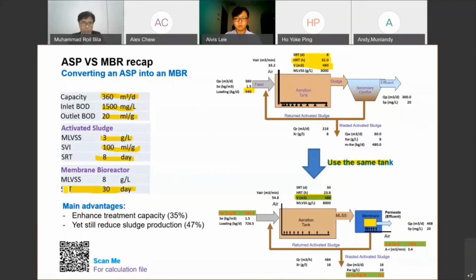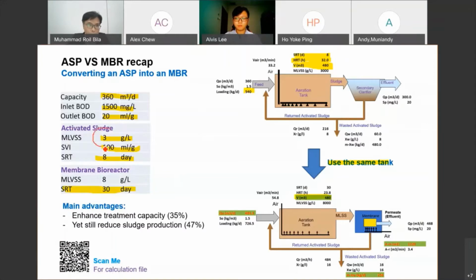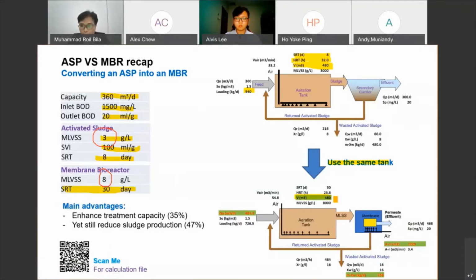Another fundamental difference is that now, instead of running MLVSS of 3, I will run MLSS at 8. So what happened? The main difference, if you look carefully at the layout of the activated sludge below over there, is that I fixed the same volume right here.